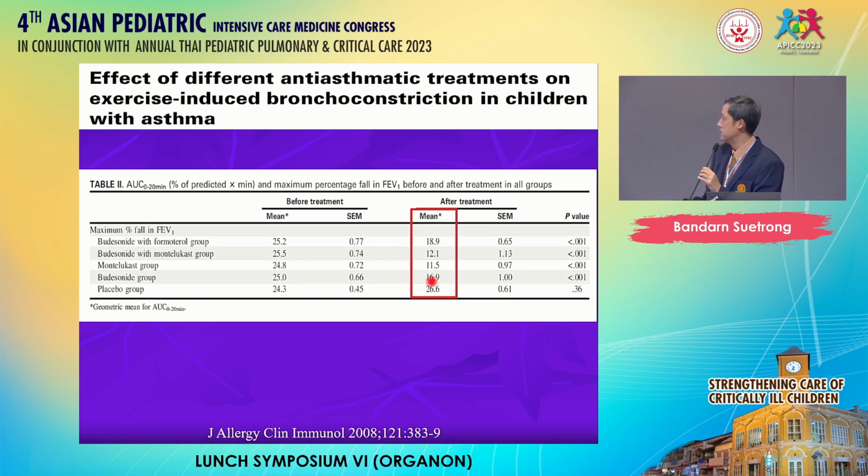But if we use treatment with montelukast alone or montelukast combined with inhaled corticosteroid, the fall of FEV1 is least in the groups that received montelukast. Even when we compare the inhaled corticosteroid with the long-acting beta-2 agonist, the use of montelukast is associated with the best outcome.